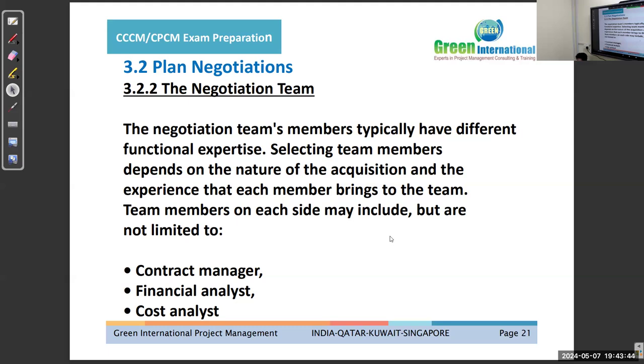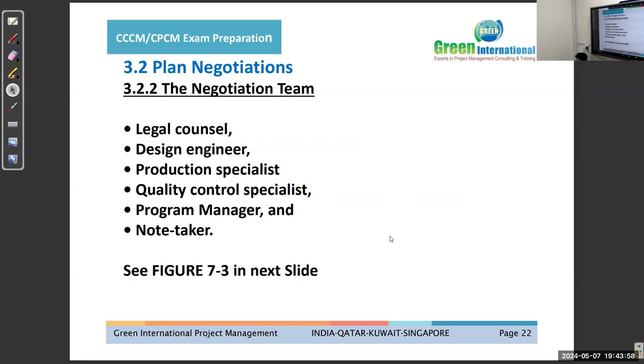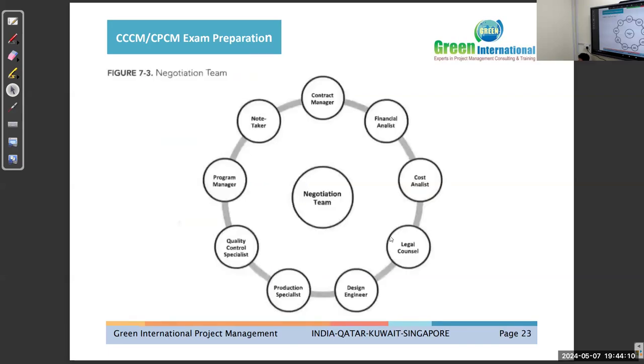In my opinion, there should be some technical manager, some technical engineer, the one who knows things very deeply from technical aspects, because in negotiations there will be some parts which will lead to technical discussions. There is also legal counsel, design engineer, production specialist, quality control specialist, program manager, note taker. So 7.3, in the next slide we can see the negotiation team.